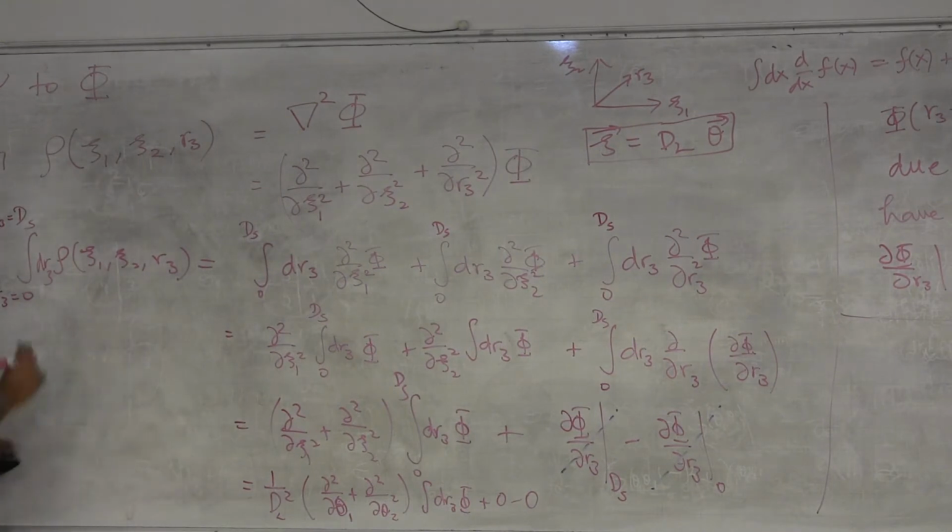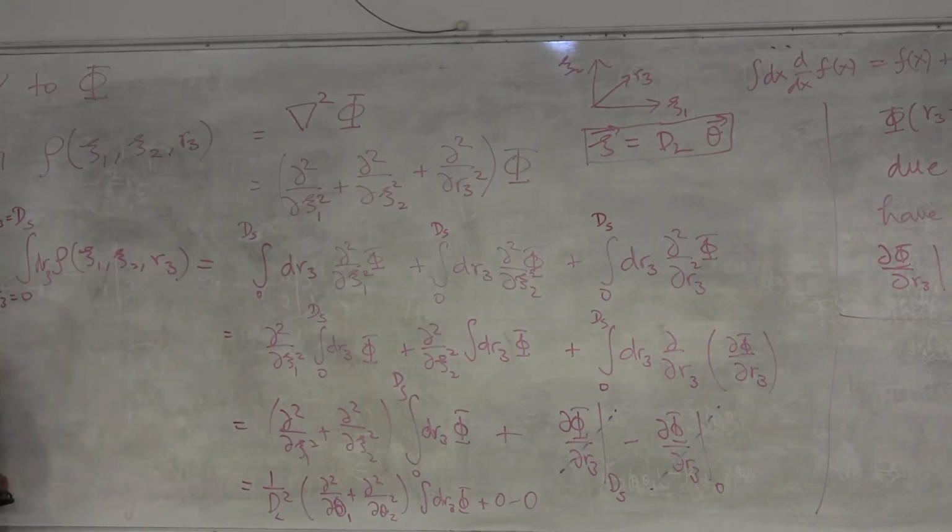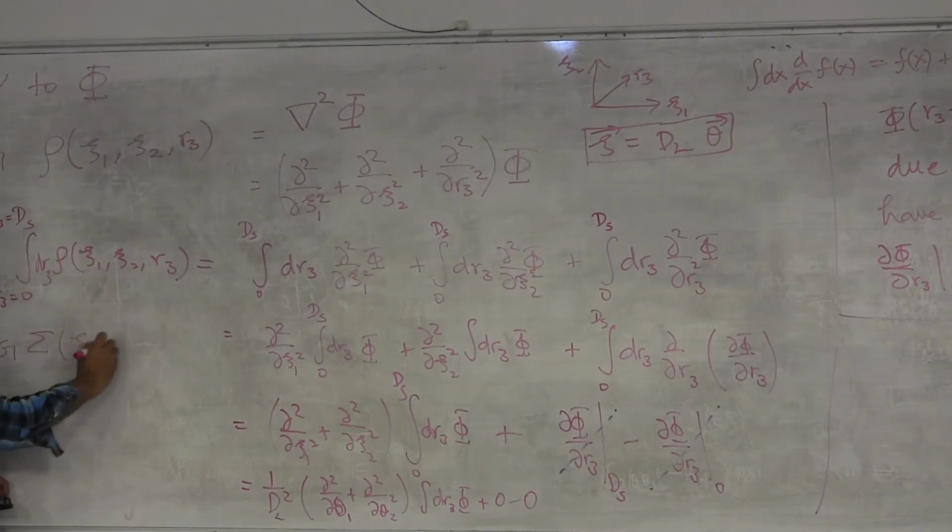and on the left-hand side this is the surface mass density, so that is 4 pi G sigma of chi 1 and chi 2.